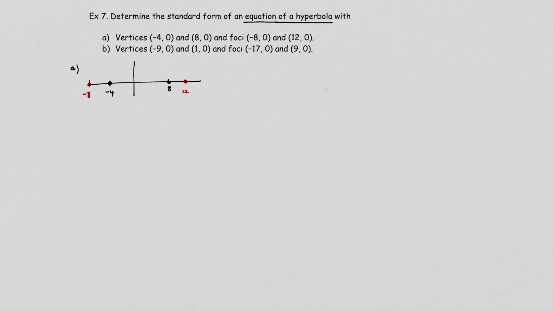So if we wanted to find the center, it has to be between these two numbers, exactly half of those two numbers. And how do we find that point? It will be 8 plus negative 4 and divide by 2. So it will be 4 over 2, which is 2. So that's going to be your center point, 2.